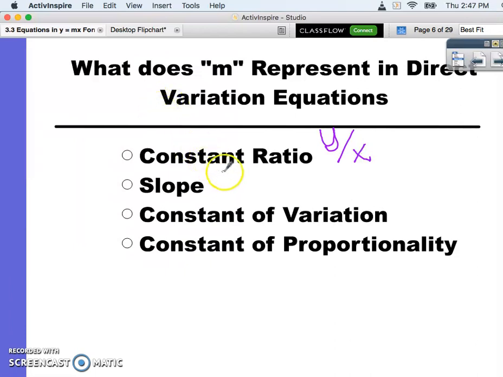Remember, we had our formula of y minus y over x minus x. It's also your constant of variation and constant of proportionality. All of them would be correct.